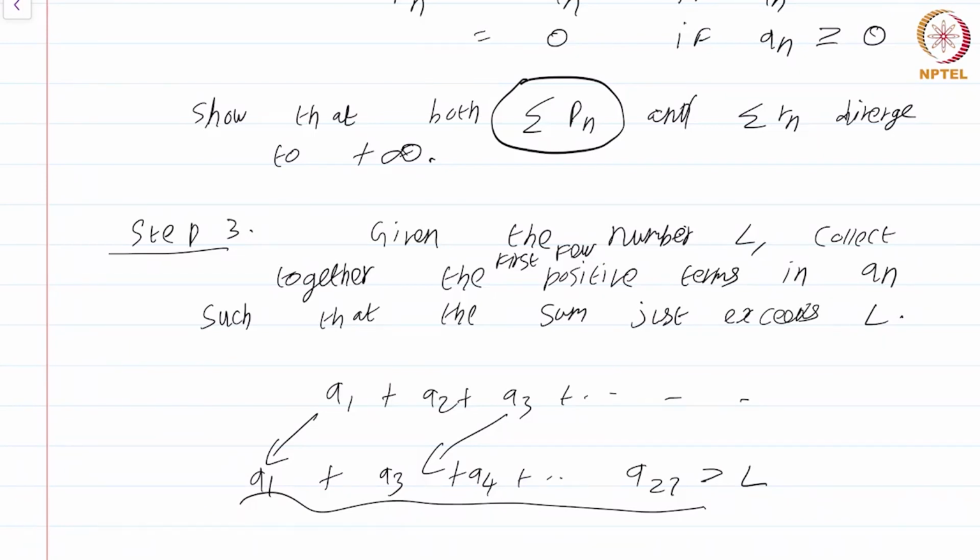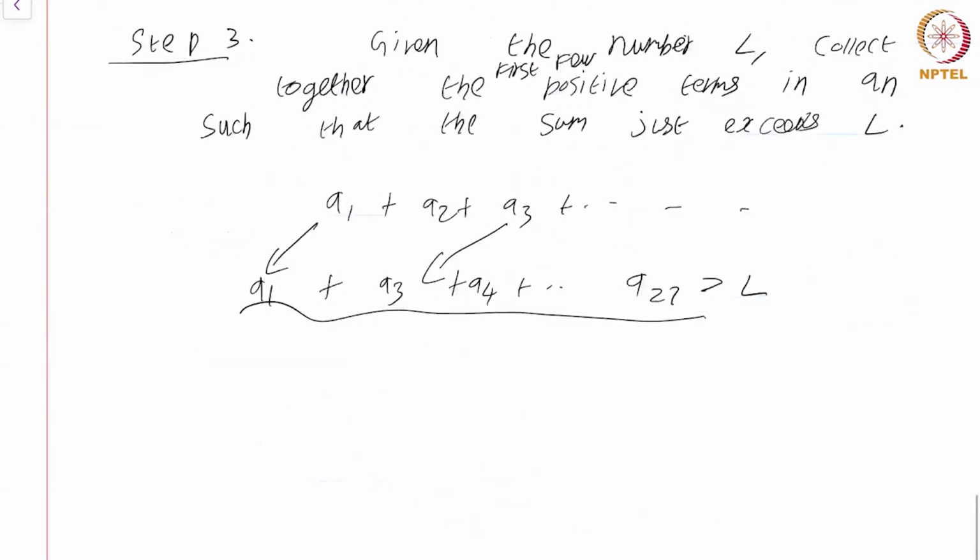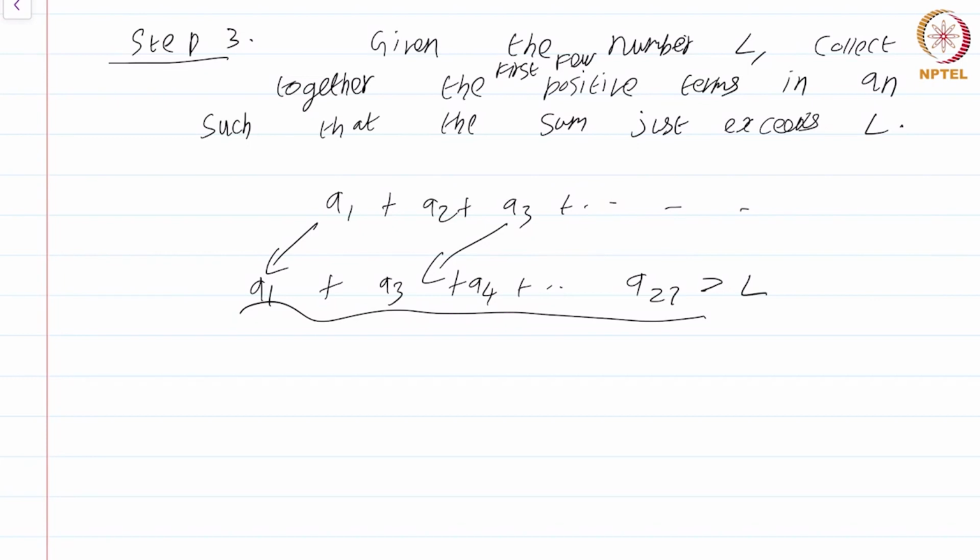If I sum up the positive terms coming from a1 to a26, it should be less than L. But if I sum up the positive terms coming from a1 to a27, that should exceed L. So you are going to keep adding the positive terms till you just cross L. This is going to be the first few terms of our new modified series such that it first exceeds L.